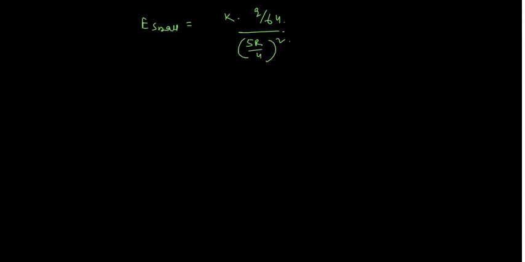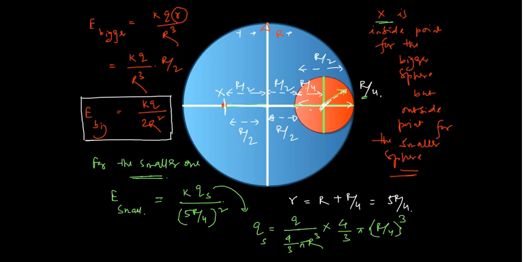Next, just superposition. For the bigger one, the electric field will be in the radially outward direction, along minus I cap in this direction, and for the smaller one, it is negative, so it will be in the inward direction, along plus I cap in this direction.